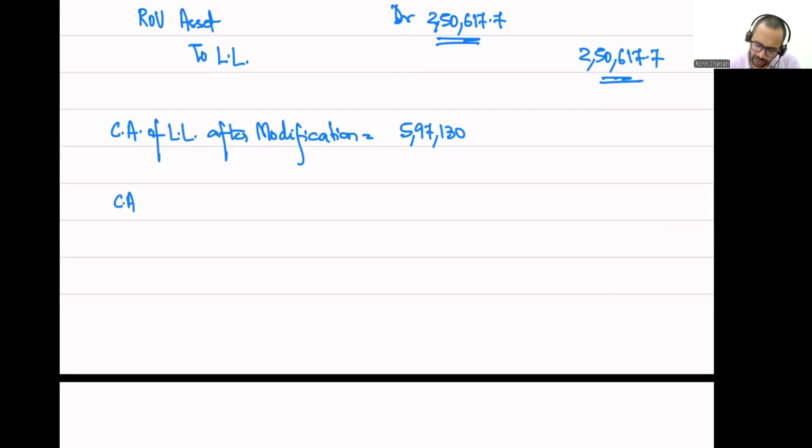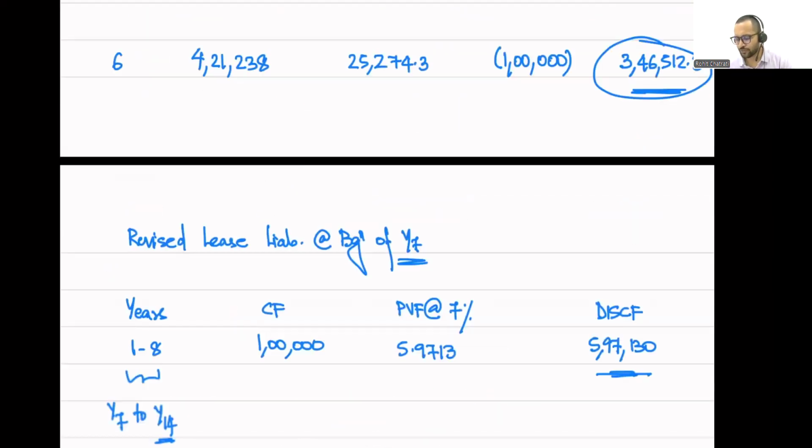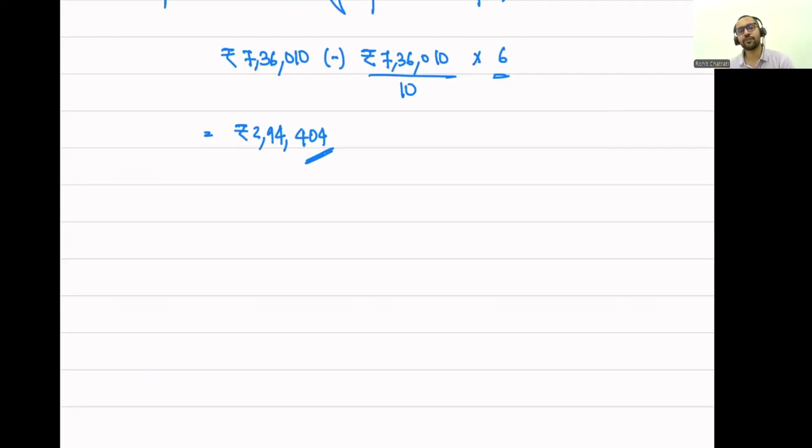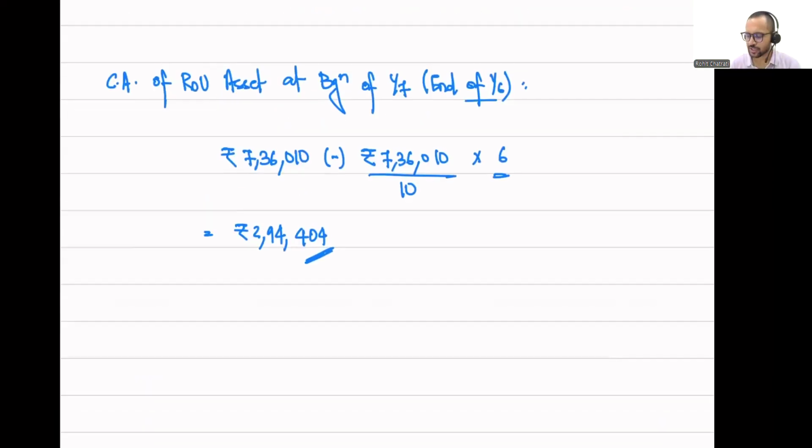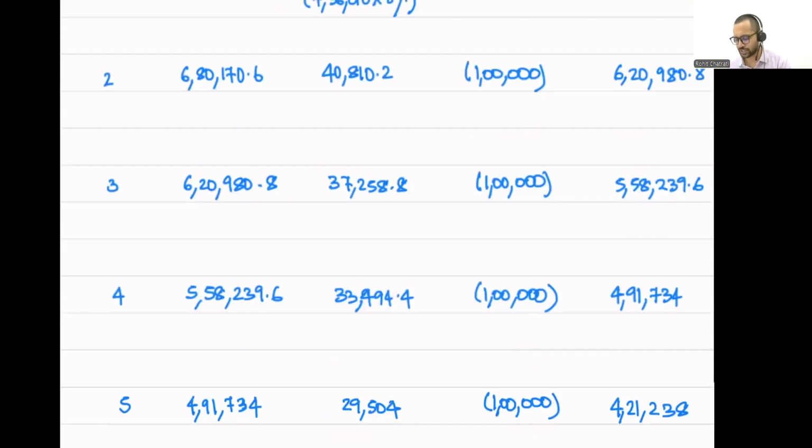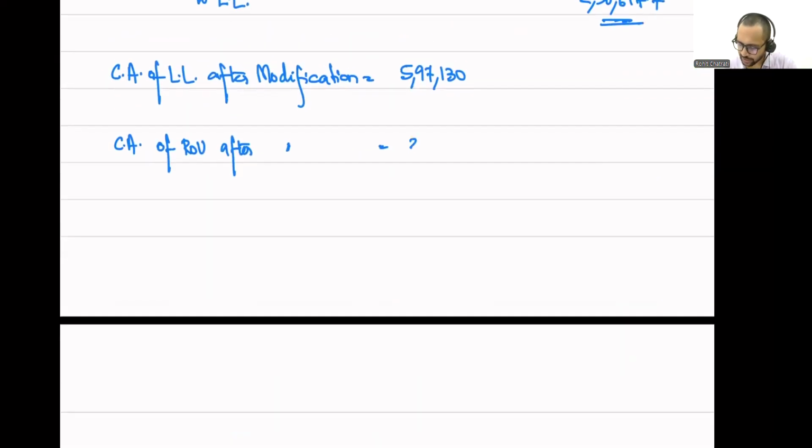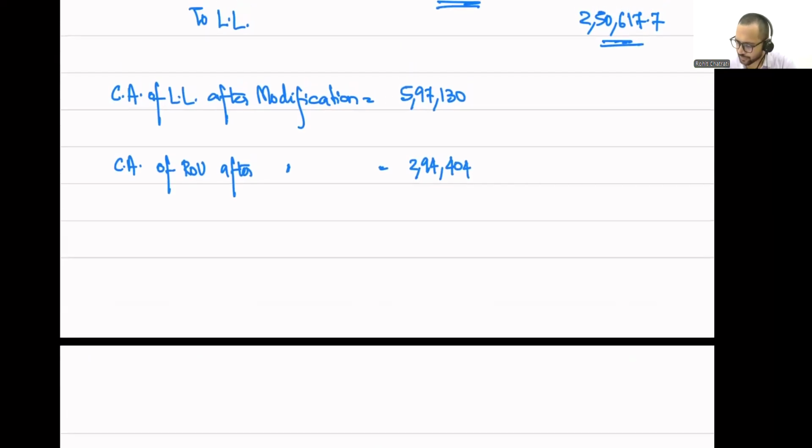The carrying amount of ROU asset after modification will be equal to, we had an ROU asset of 2,94,404 at the end of year 6. We are now increasing it by 2,50,617.